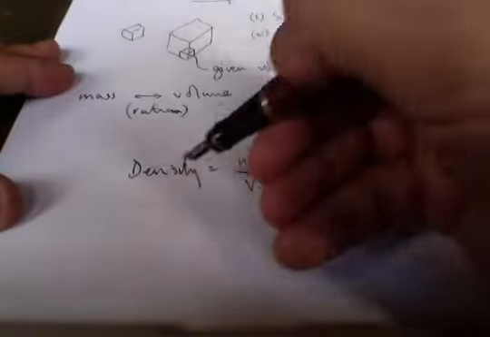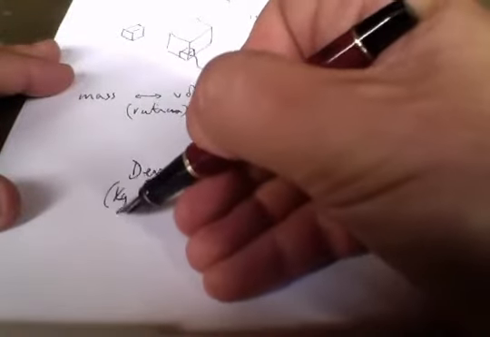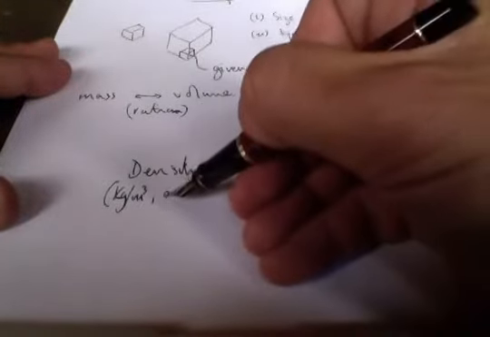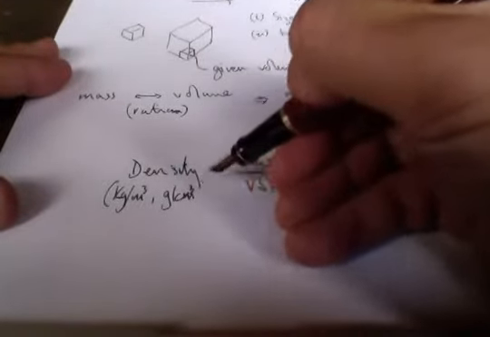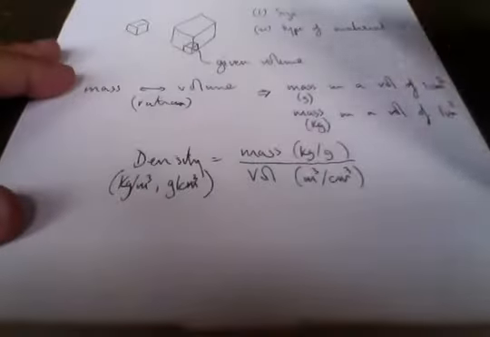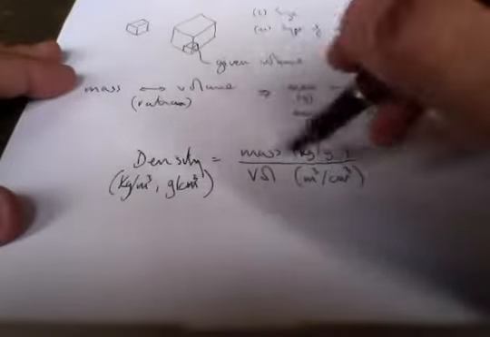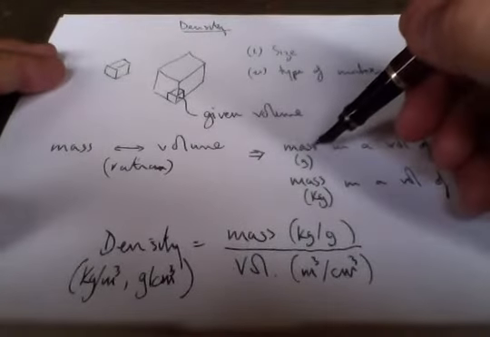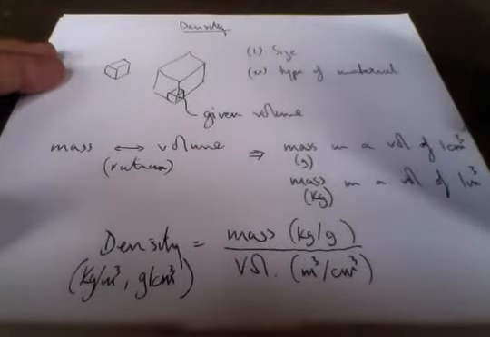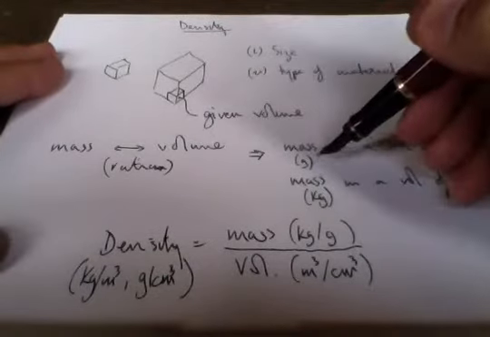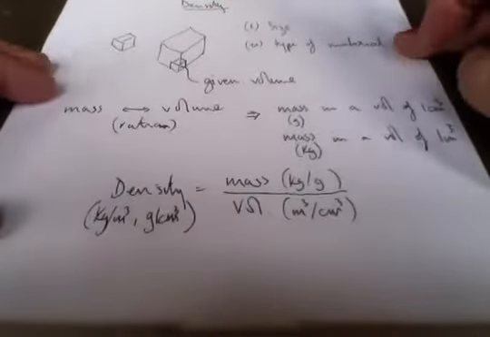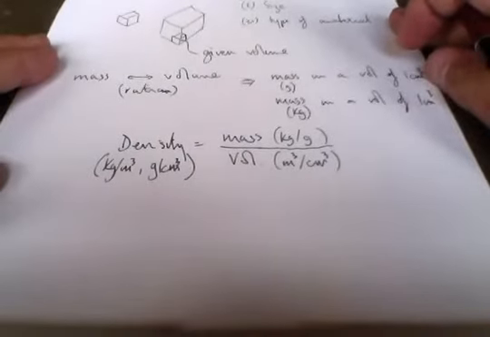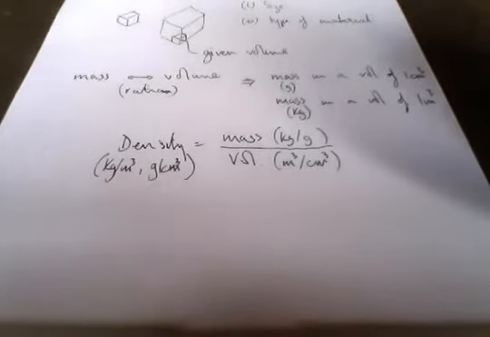Therefore, density occurs as either kilograms per meter cubed or grams per centimeter cubed. We do have these two, and you'll have to be able to work between them. The first point is it's the mass of an object in a given volume, defined as either 1 centimeter cubed or 1 meter cubed, with mass measured in either grams or kilograms. I hope that gives you a fundamental understanding rather than just plugging numbers into an equation.